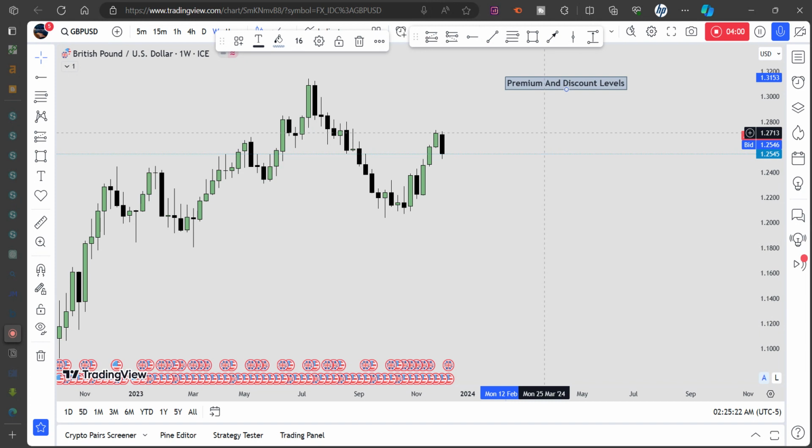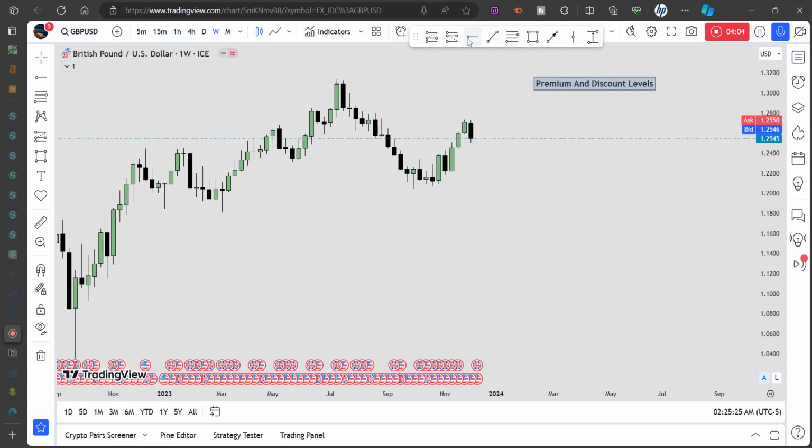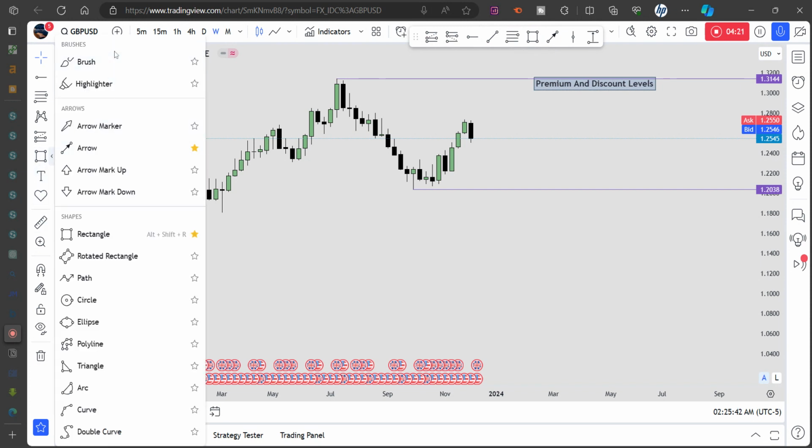Okay. Now, if you measure it, you have an old high and then an old low right there. You have it clean. If you use this rectangle box, you can see it right there.